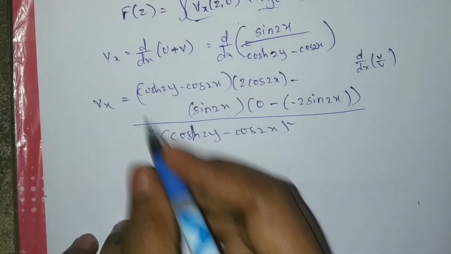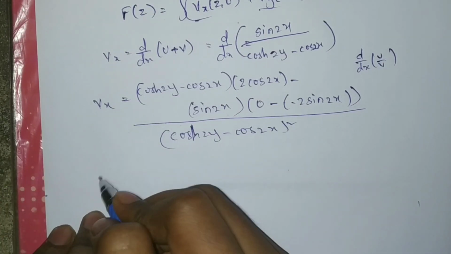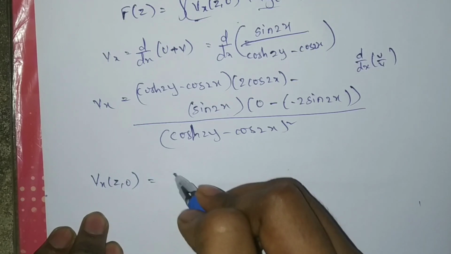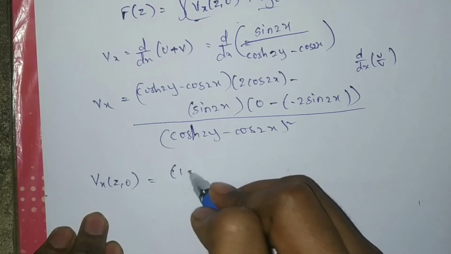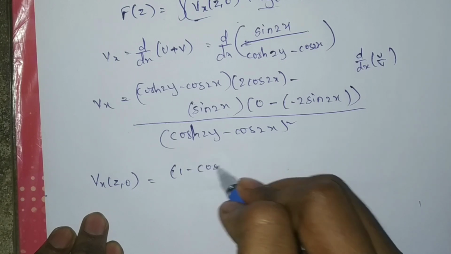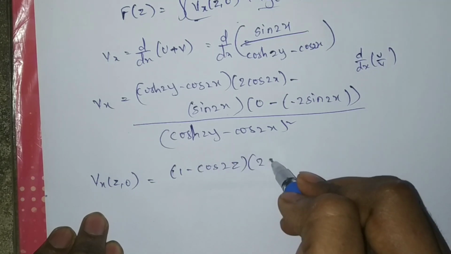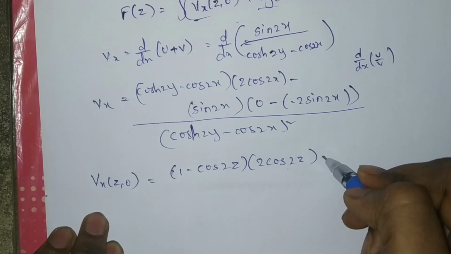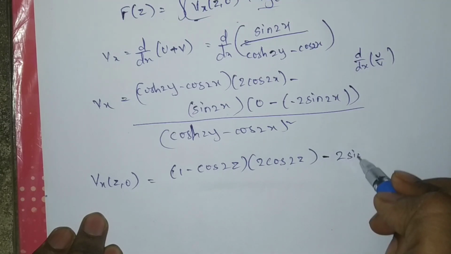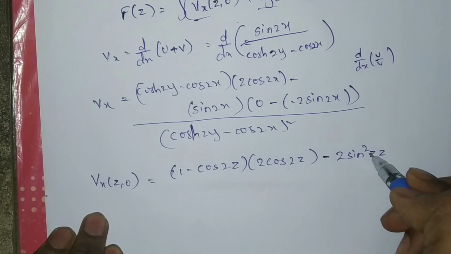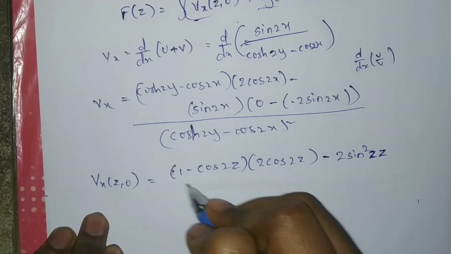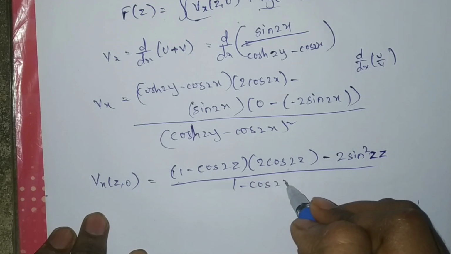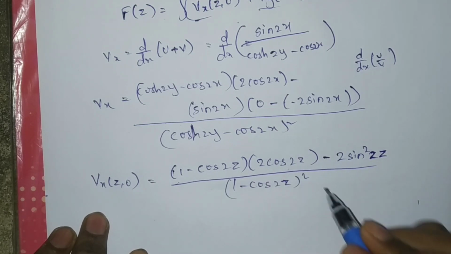Now if you simplify vx at (z,0), it becomes (1 − cos 2z) into 2 cos 2z minus 2 sin square 2z, by (1 − cos 2z) whole square.